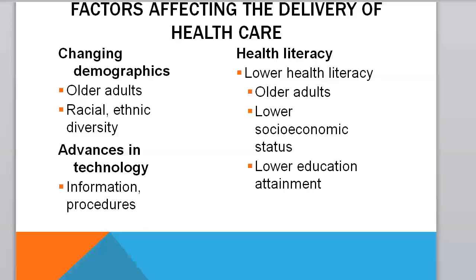Also low socioeconomic status and lower educational levels for some people. Whites and Asians had an increased average compared to African Americans, Hispanics, American Indians, Alaskan Natives, and multiracial people, and Hispanics had a decreased average knowledge of health literacy.